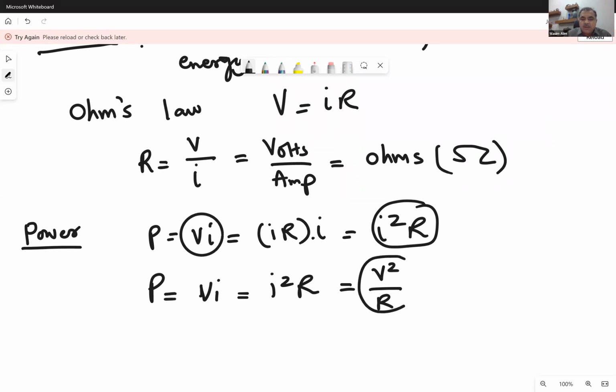You can perform the calculation of power based on these different formulas.